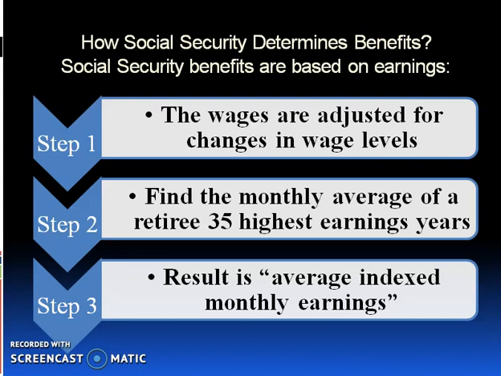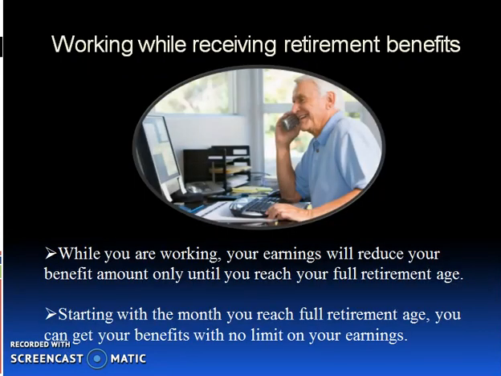I guess many of you who are retired or planning to retire have heard about the PIA, right? That's the primary insurance amount, and this is the sum you're eligible for at your full retirement age. That's what the PIA really is. If you are working while receiving retirement benefits, your earnings will reduce your benefit amount only until you reach your full retirement age.